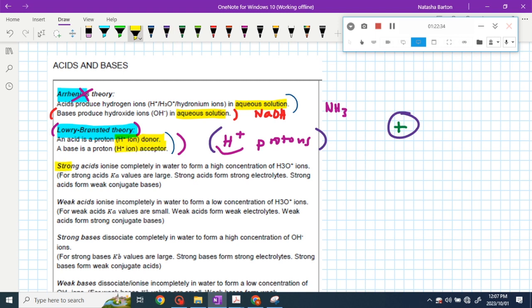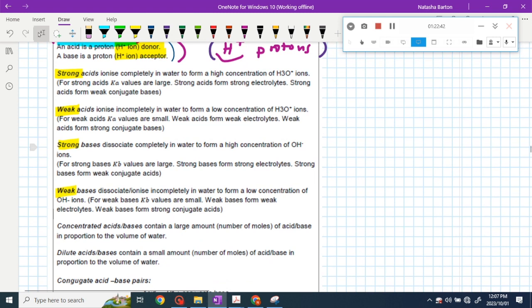As mentioned previously, strong and weak acids and bases refers to the degree of dissociation or ionization. We talk about Ka and Kb values. They mean the same thing as the Kc value, except we use A and B to refer to the acid or the base.